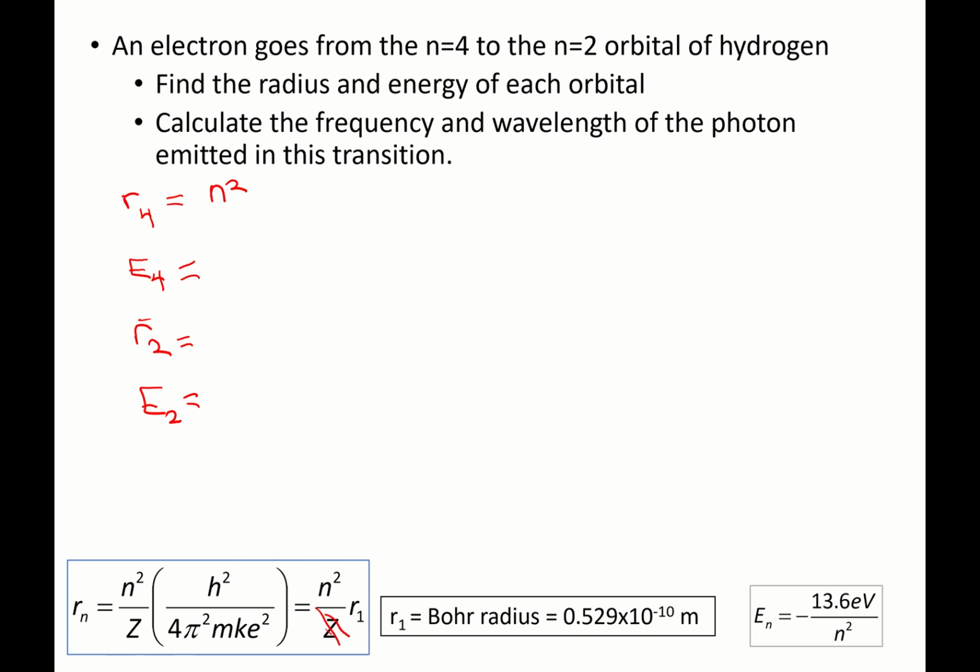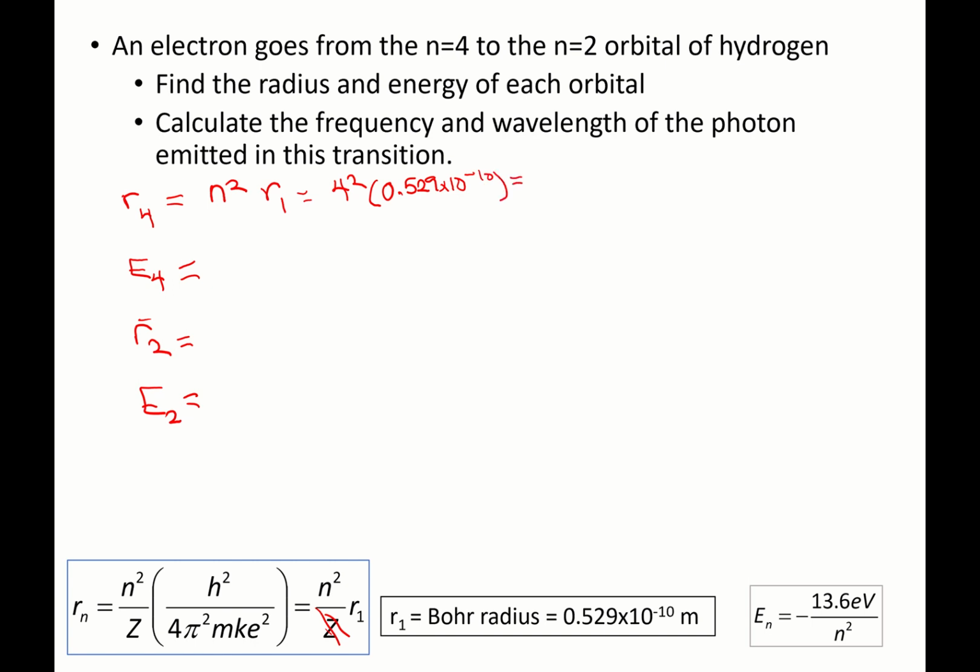And here we have hydrogen, so Z equals 1, so we can just ignore it in the equation. So we've just got n squared times r1, where r1 is the Bohr radius. So r4 is just going to be 4 squared times the Bohr radius, which is down at the bottom of the slide, 0.529 times 10 to the negative 10 meters.